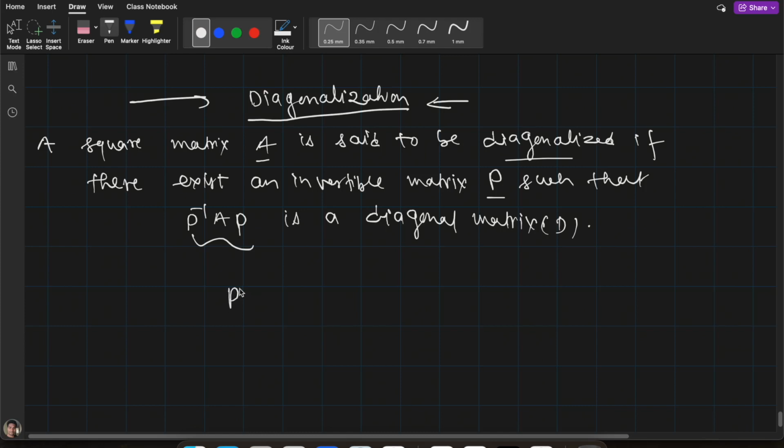So which means that if such a matrix P exists, then you can write P inverse A P equal to the diagonal matrix D.